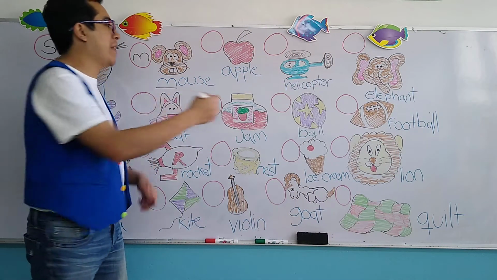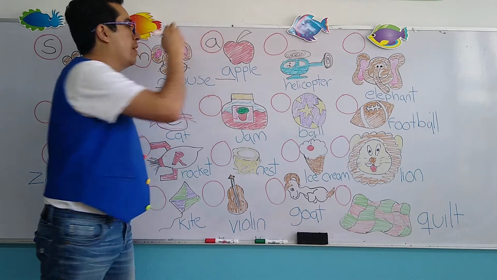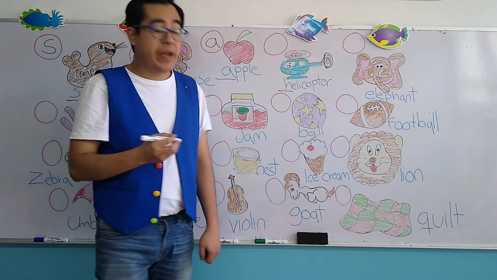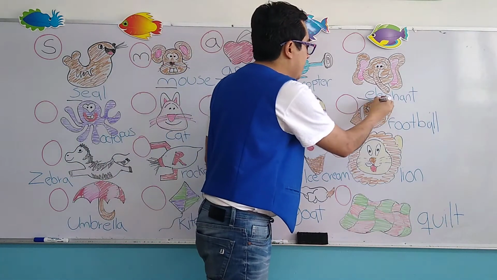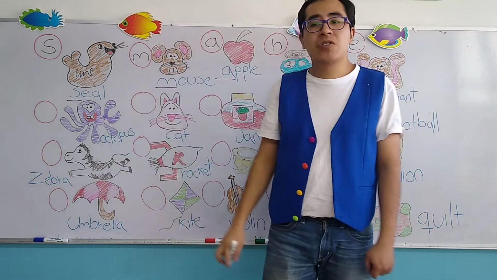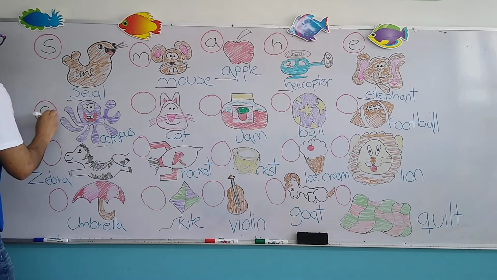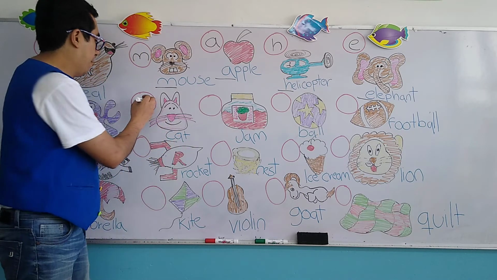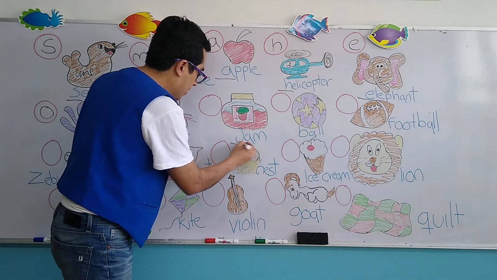Now, the first letter that appears in the word apple is letter A. Now, the first letter that appears on the word helicopter, letter H. The first letter that appears on the word elephant, letter E. The first letter that appears on the word octopus, letter O. The first letter that appears on the word cat, letter C. The first letter that appears on the word jam, letter J.